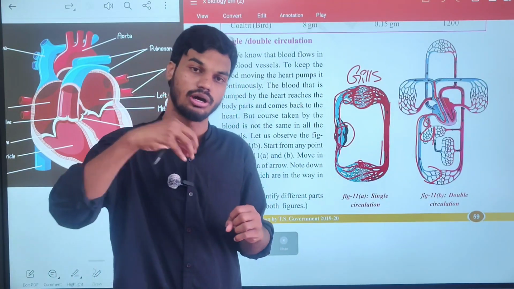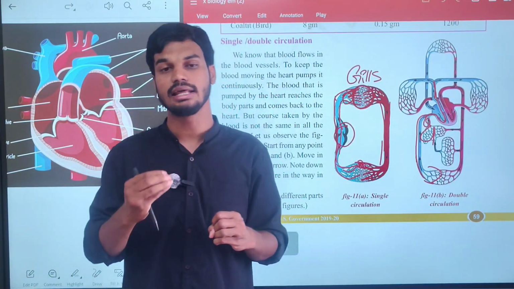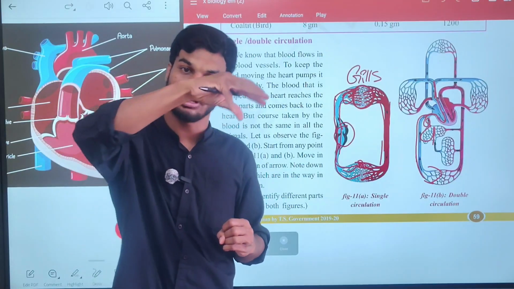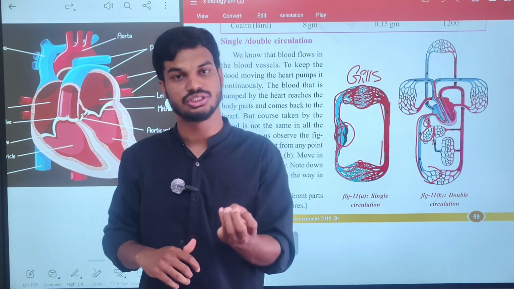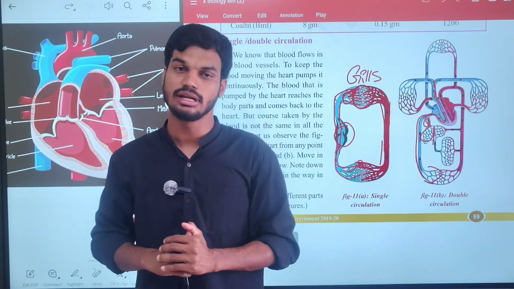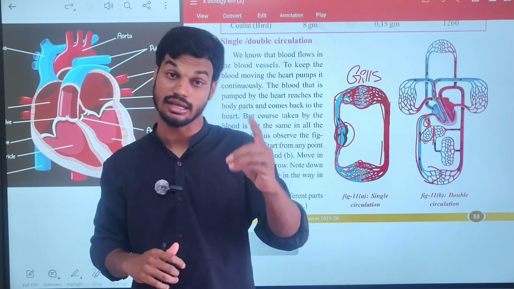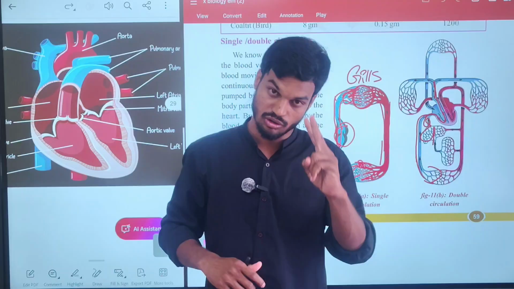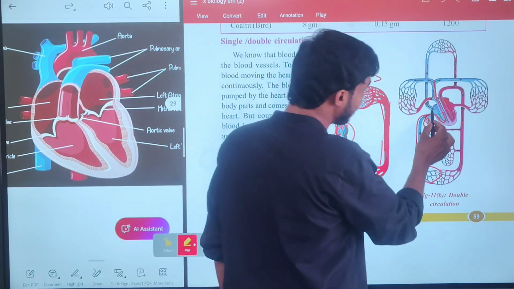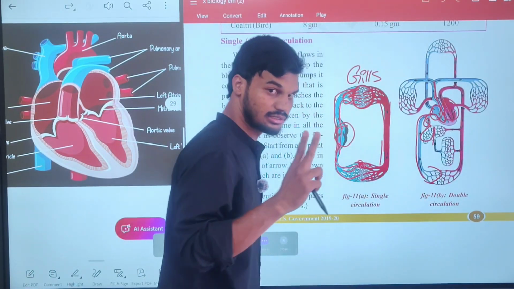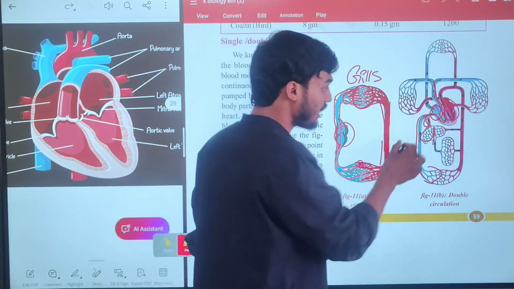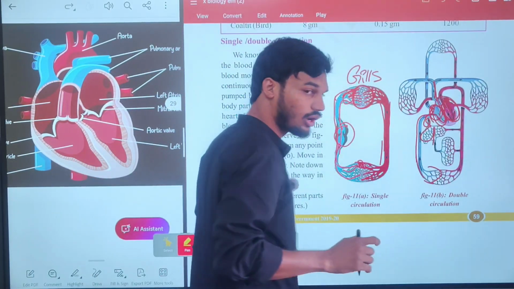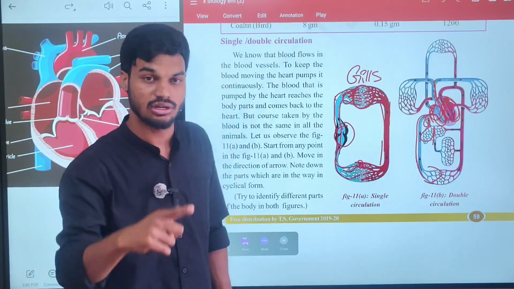At the lungs, the deoxygenated blood becomes oxygenated. After getting oxygenated, the blood again enters into the heart. So from this we can see that the blood is entering into the heart twice before one complete circulation. I am repeating once again. The blood will enter the heart twice before the complete circulation.